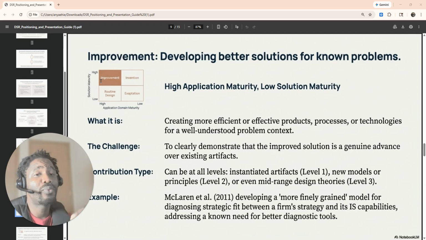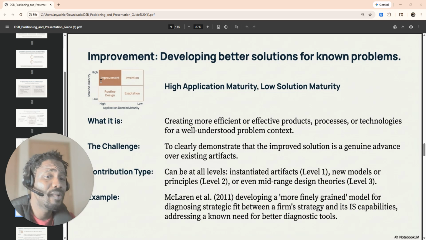The challenge here is to prove that whatever you're creating is better. So strong evaluation should show an improved artifact or genuine advancement. This is the aha moment for you. If you want to contribute to design science, I think this is where you should be. When you go out, look around for places or equipment or devices that you think you can improve.